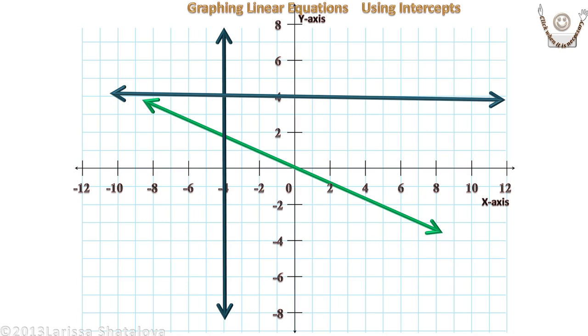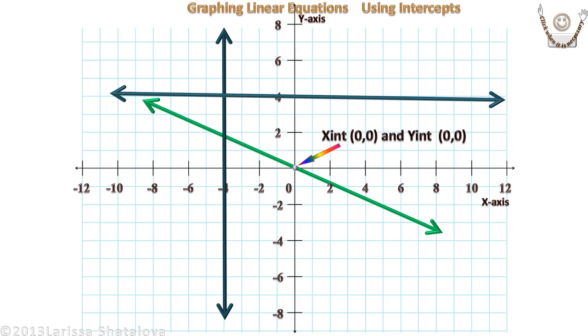As you see, this is a very special line because the x-intercept and y-intercept share the same location. So these two points are in one location. The x-intercept has coordinates 0, 0, and the y-intercept has coordinates 0, 0.